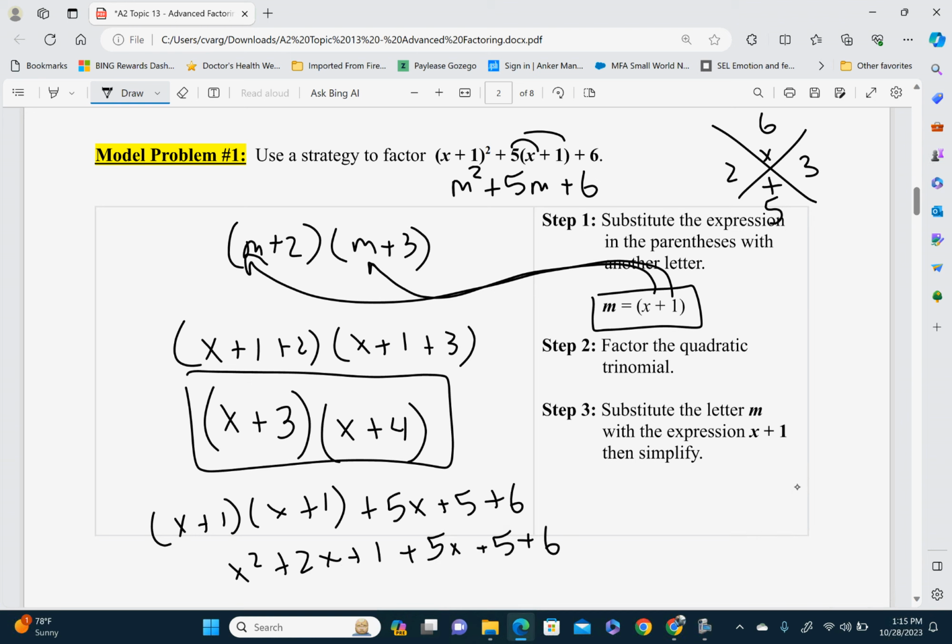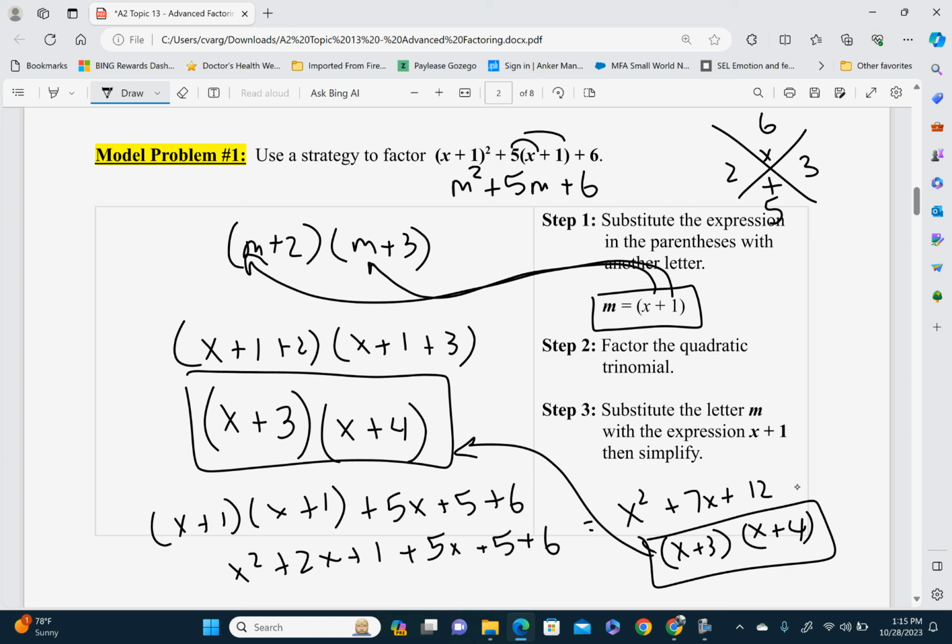And then here I'm going to combine like terms, so this is equal to x squared plus 7x plus 12. And if I double bubble this, I get x plus 3 and x plus 4, which is exactly what I got here. Okay. So technically you don't need to do it the first way. You could do it the second way and still get the same answer.